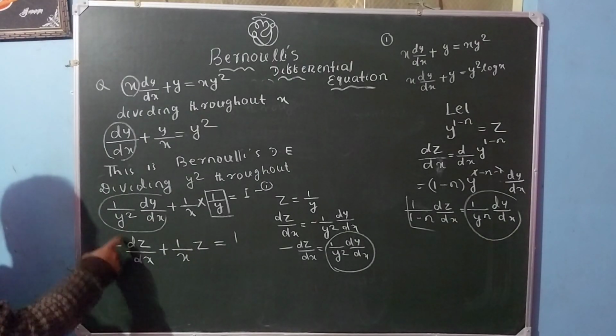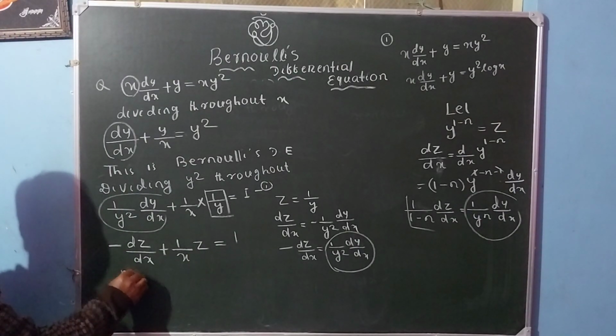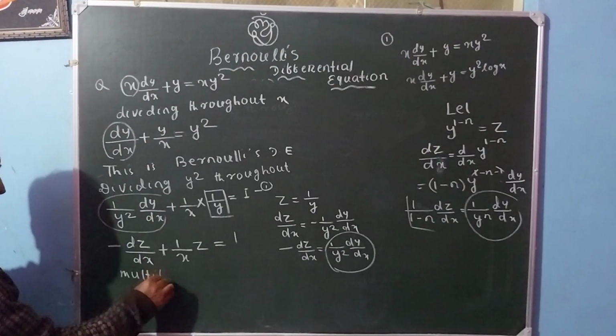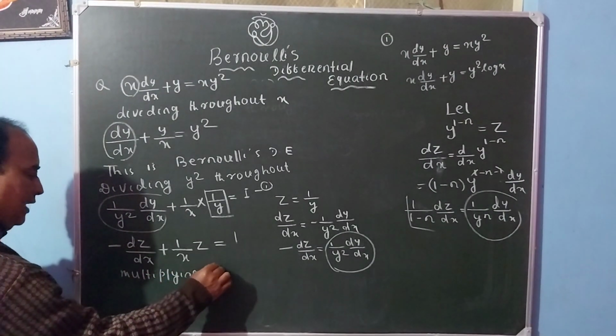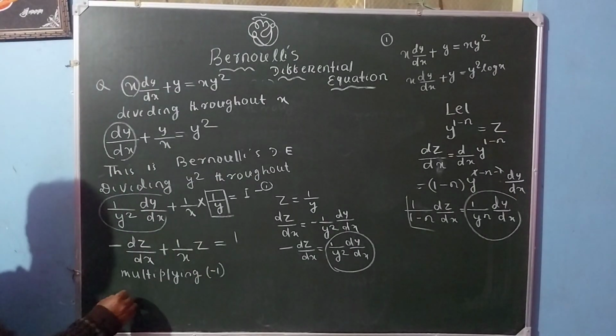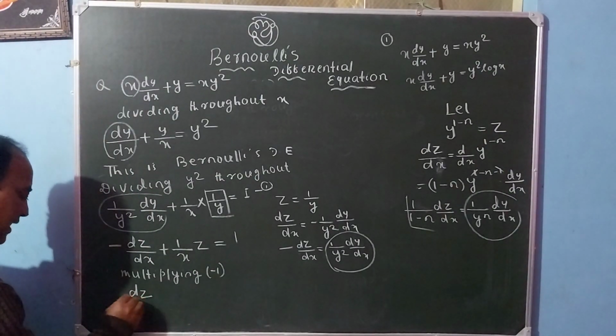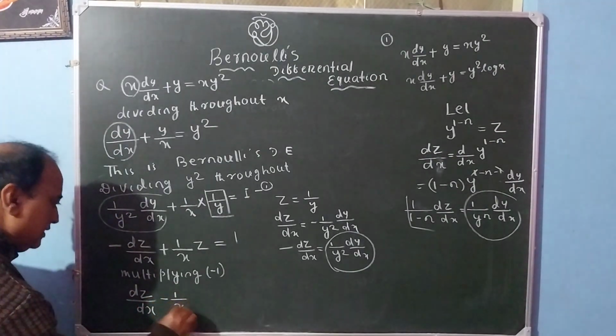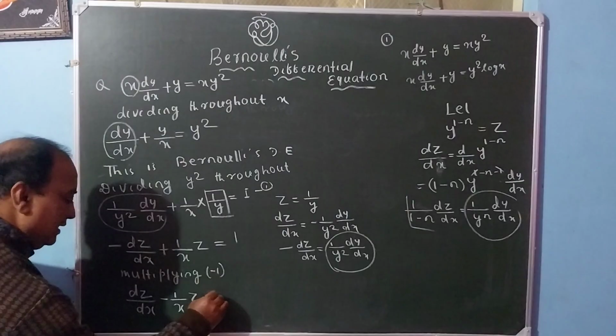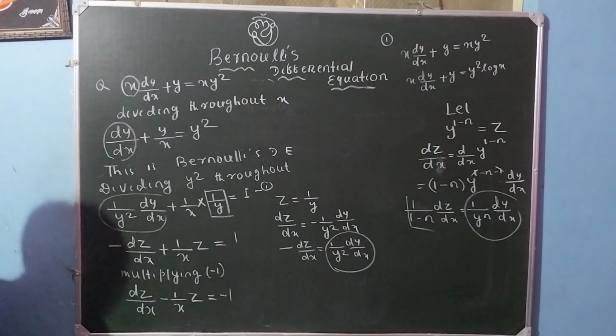Now multiplying by minus 1, so dz/dx minus 1 by x into z is equal to minus 1.